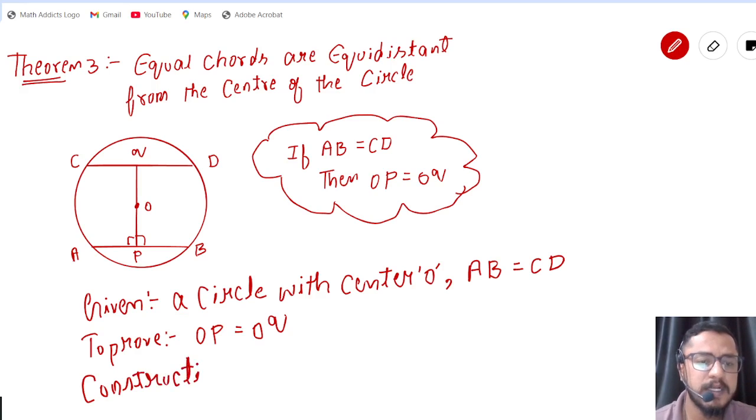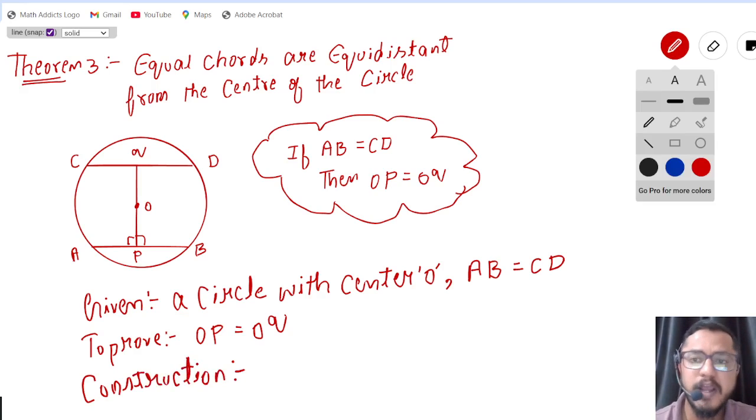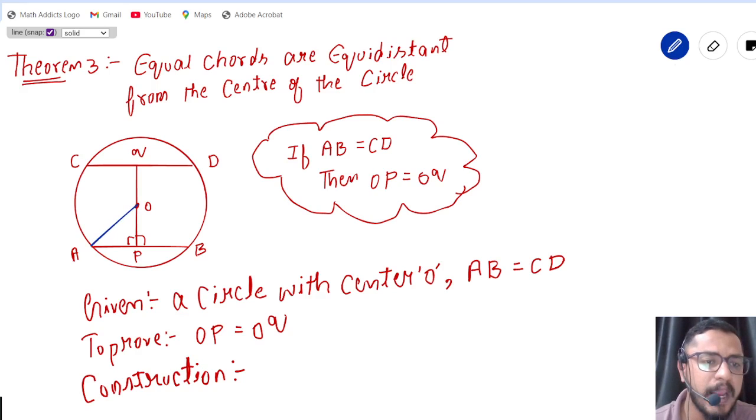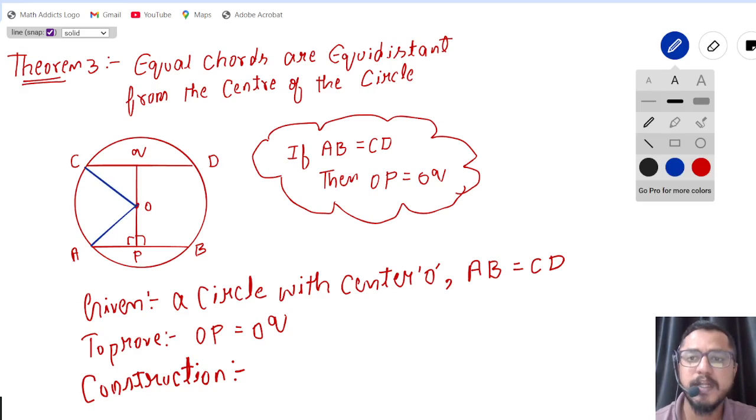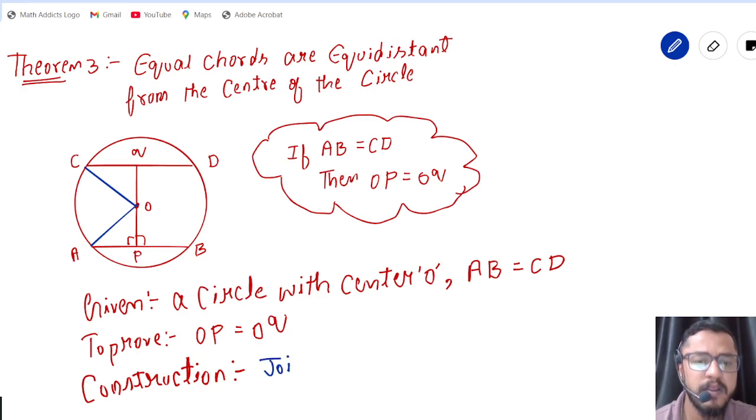Draw radii, join OA and OC. My construction is: join OA and OC.